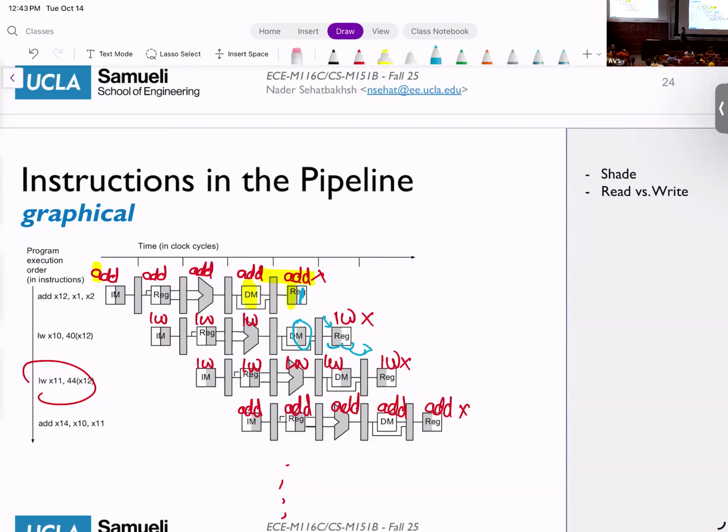This is a notion that we're going to see later. It's called half cycle. Writing always happens in the first half cycle of a clock cycle. Reading happens in the second half of the clock cycle. The importance of this is that if I want to read and write the same thing, as long as I write in the first half cycle and read in the second half cycle, I can do it within one cycle.